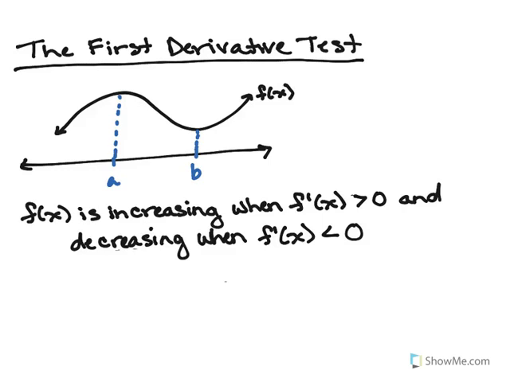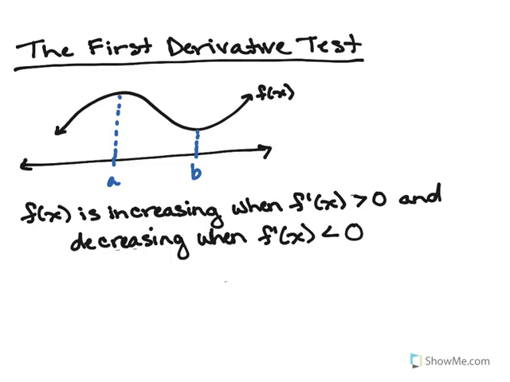Okay, so we're going to use something called the first derivative test to determine what is actually going on at our critical points. Now, first of all, let's think about what the derivative means. When a derivative is positive, that means my function's increasing because my tangent lines are going to have a positive slope.